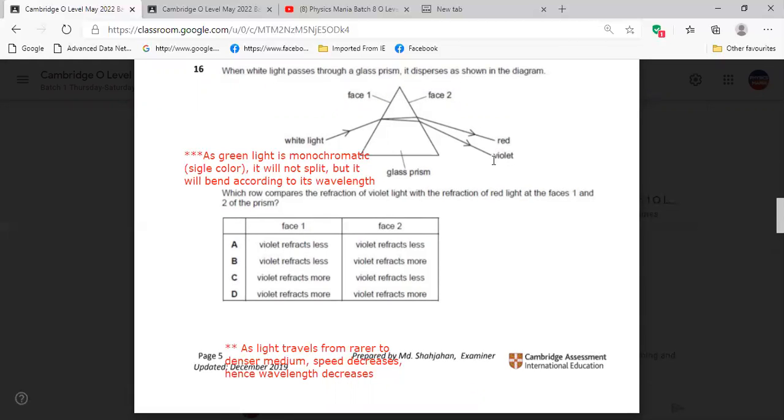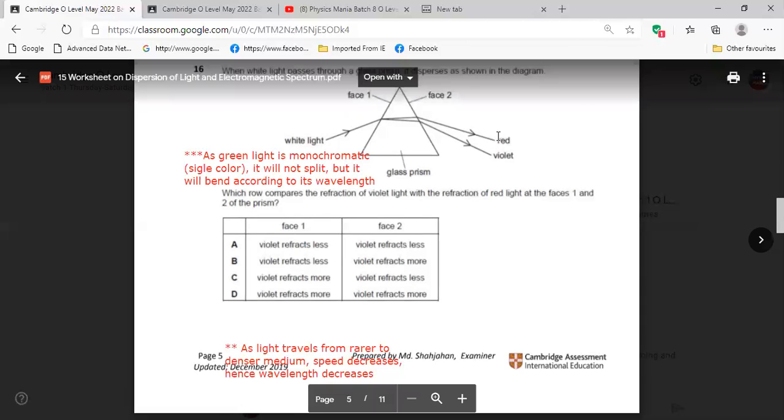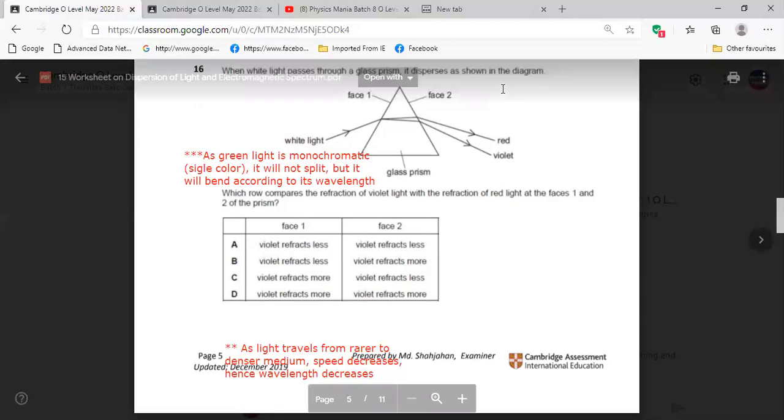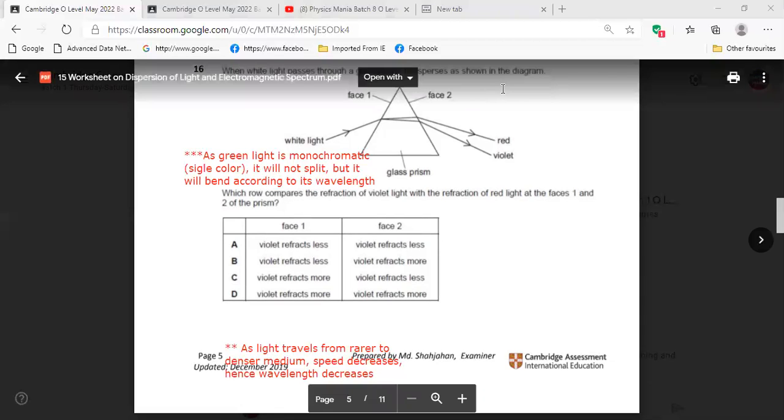Here we see the violet is bending most, right? Yes, sir. And red is bending least. So we have to remember the order, VIBGYOR. Where is G? G is in the middle, right? So here we will show the bending this way.